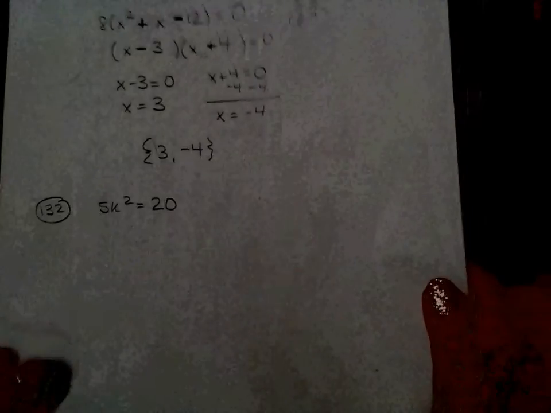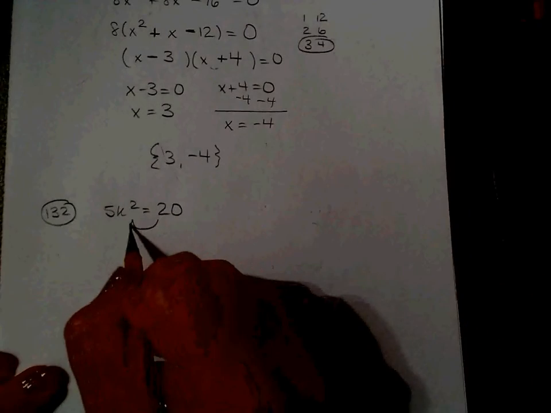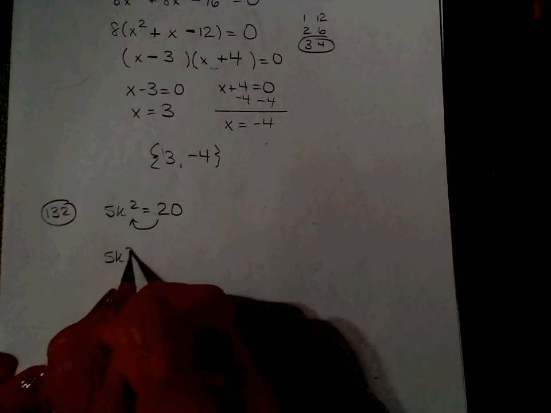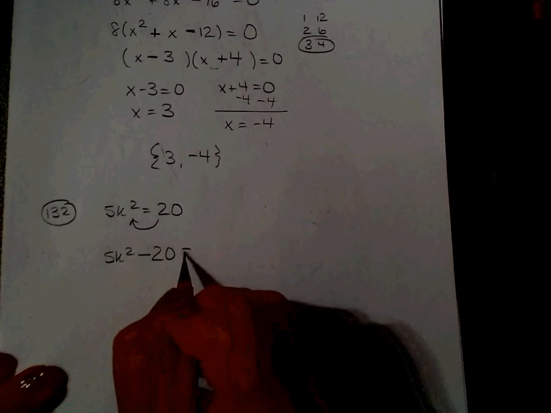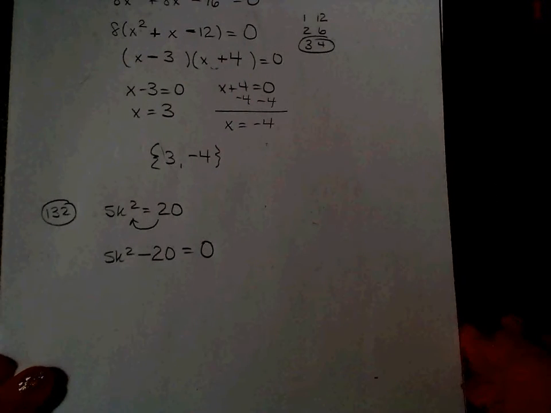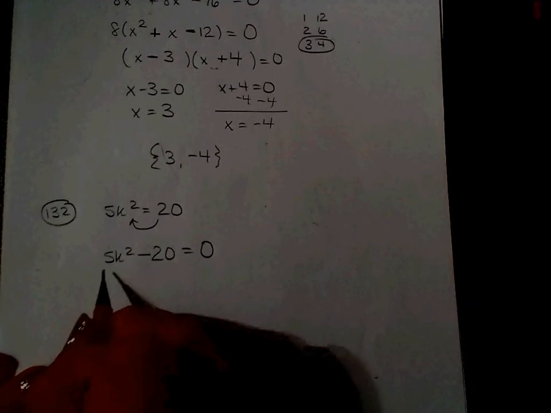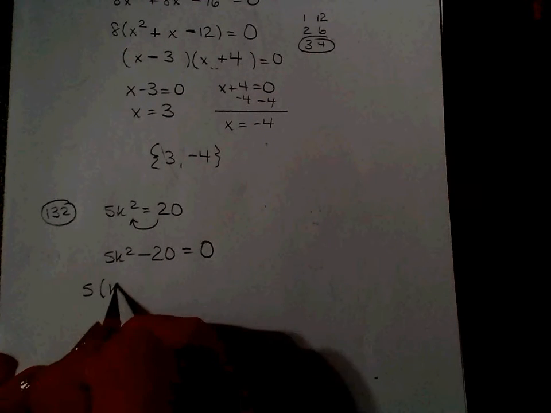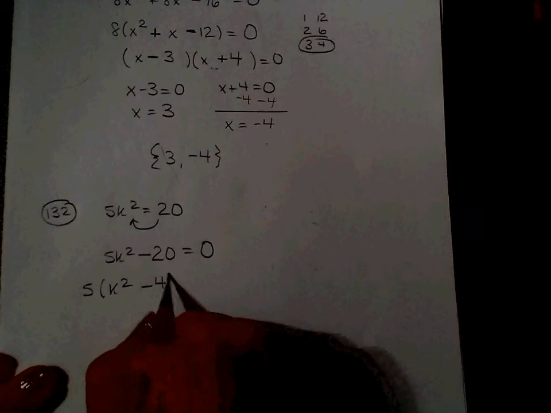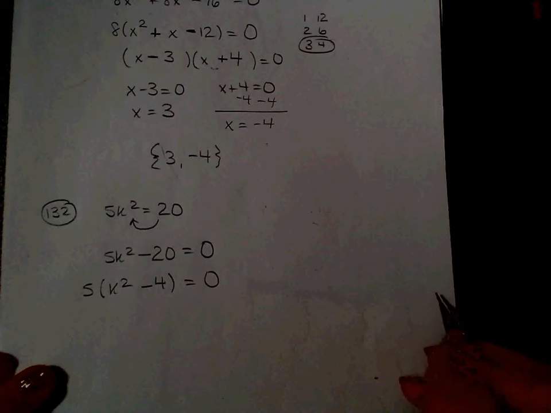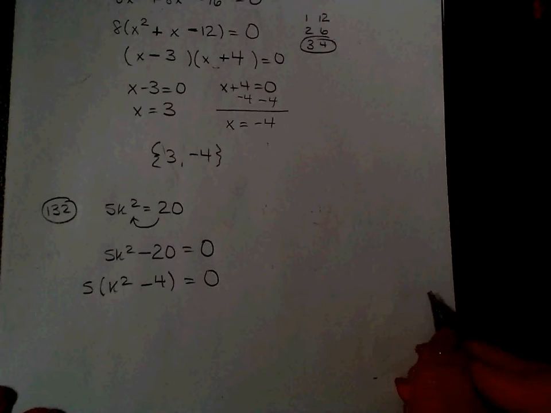Okay, it is not equal to 0, so I've got to move the 20 over to get it equal to 0. I see a GCF of 5, and I pull it out, and I'm left with k squared minus 4.